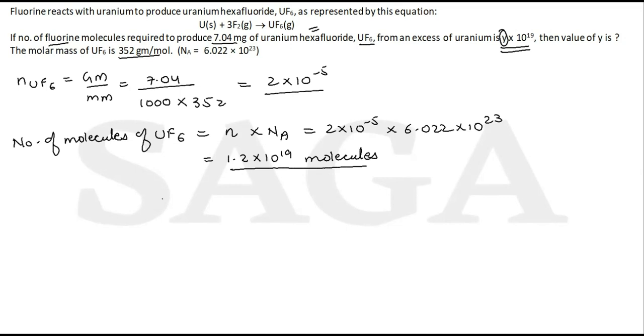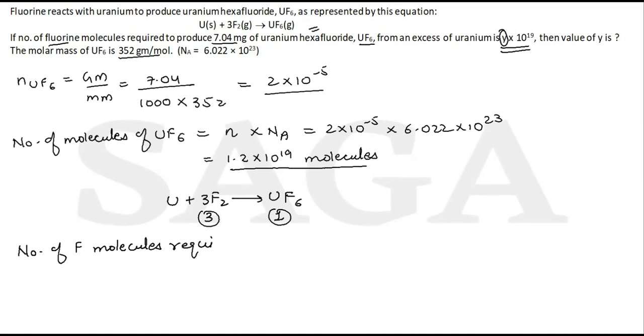Now the given reaction is U plus 3F2 gives UF6. We can see that 1 mole of UF6 requires 3 moles of F2. So we can write that the number of fluorine molecules required will be 3 into the number of molecules of UF6.